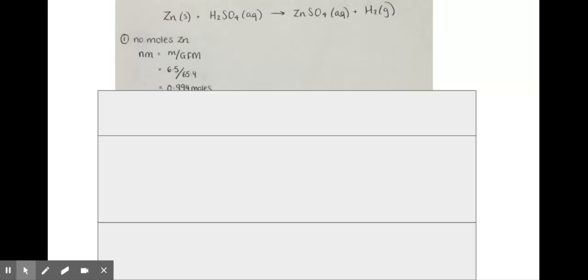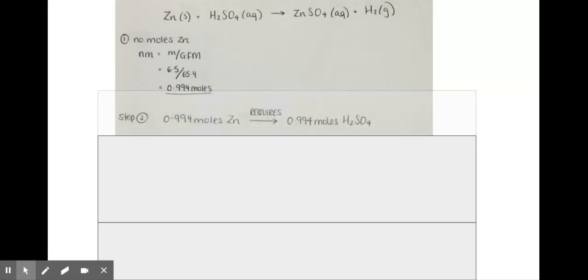So, step 2 is to say if we have 0.994 moles of zinc, how much sulfuric acid does that require? 0.994 moles of zinc requires the same, because it's a 1-to-1 mole ratio, 0.994 moles of sulfuric acid.